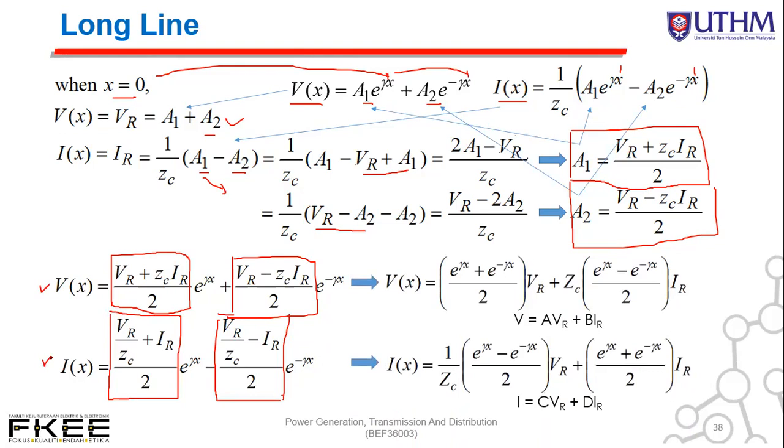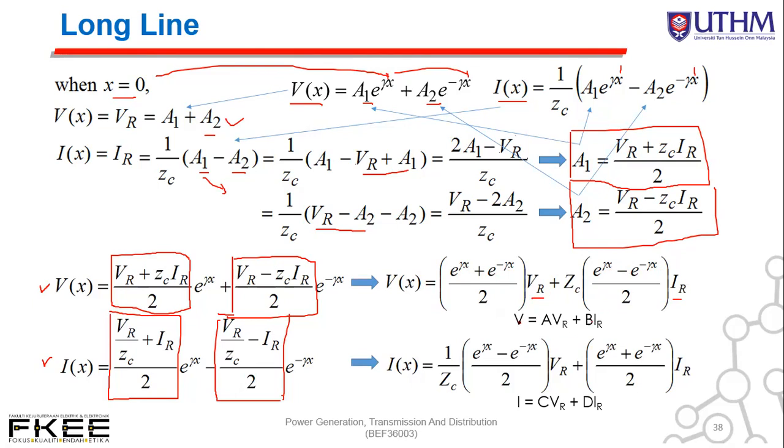Further we simplify by taking out VR and IR from the voltage, so we can get Vx equal to (e^(γx) plus e^(−γx)) over 2 times VR, plus Zc times (e^(γx) minus e^(−γx)) over 2 times IR.